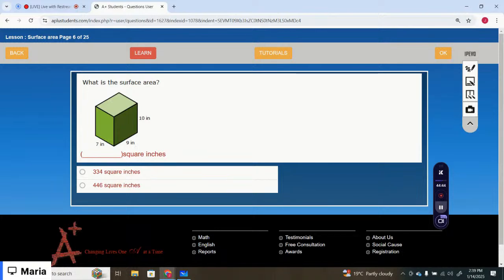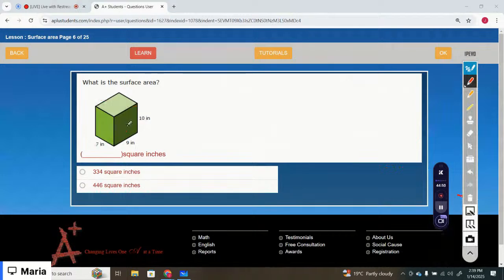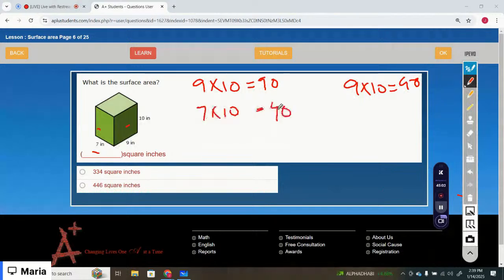Area of every face, then we'll add. Start with this face. You have the same face on the other side. The measurements are 9 times 10 is 90. So on the other side, you have the same measurements. Now for this one, that is 7 and that is 10. 7 times 10 is 70, and same way you have this side.